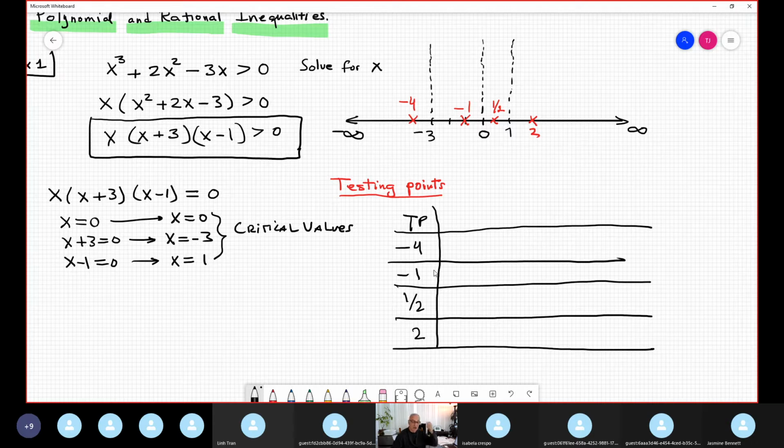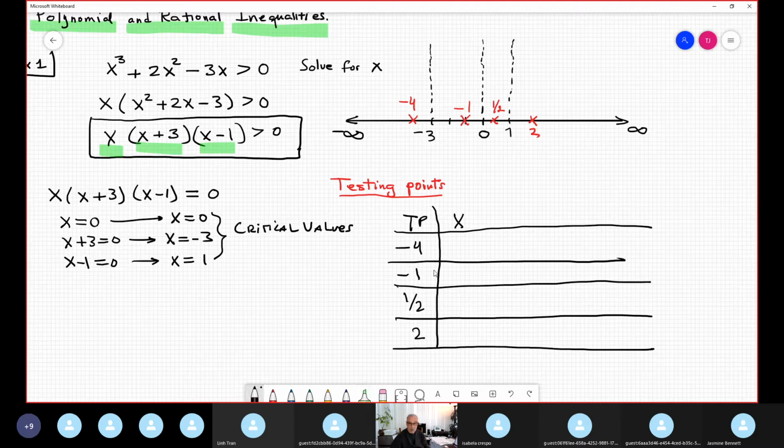Okay, and now you evaluate in the original or factor by factor. I prefer this, it's easy. This x is this factor. After x plus 3, after x minus 1.